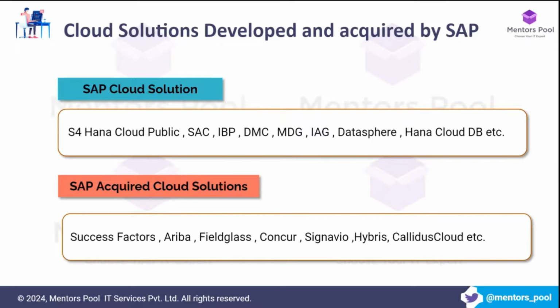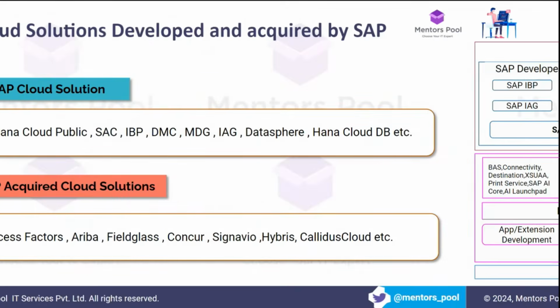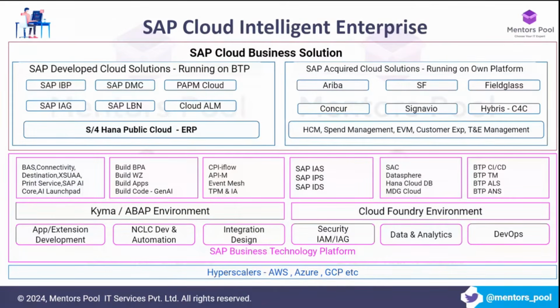We also looked at which solutions SAP itself developed and which SAP acquired, and tried understanding the intelligent enterprise, where the complete cloud is developed by SAP and acquired by SAP solutions. Then this BTP platform is really helping you do everything across the landscape.